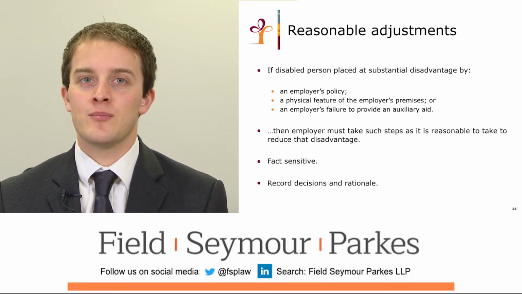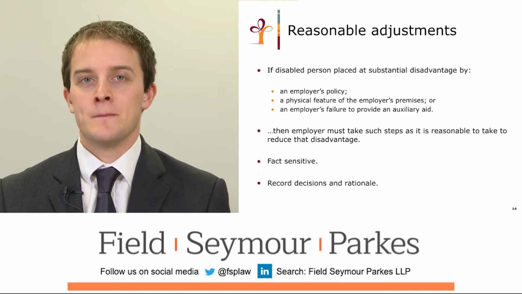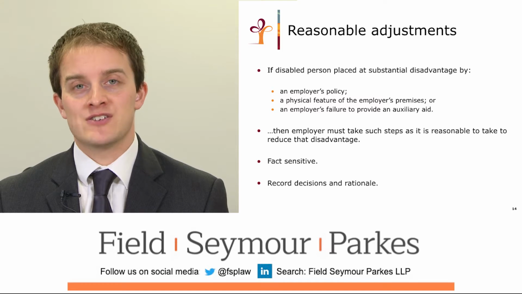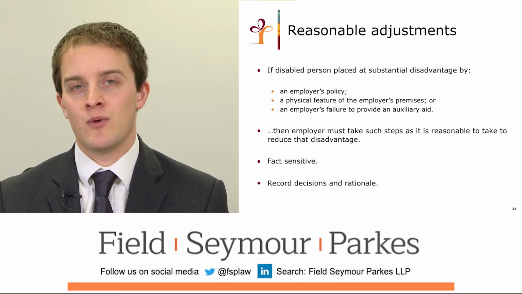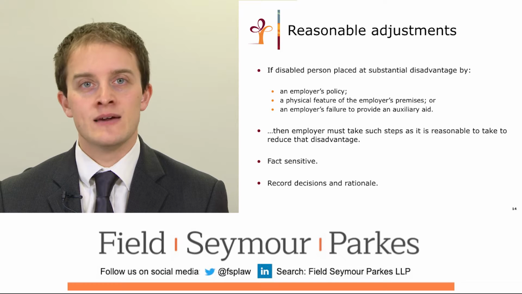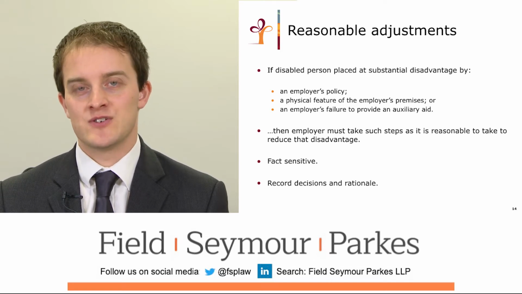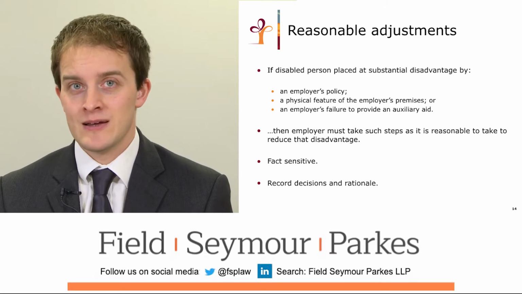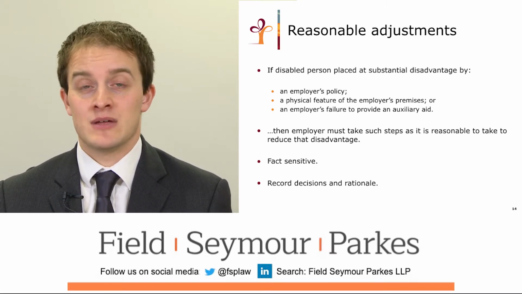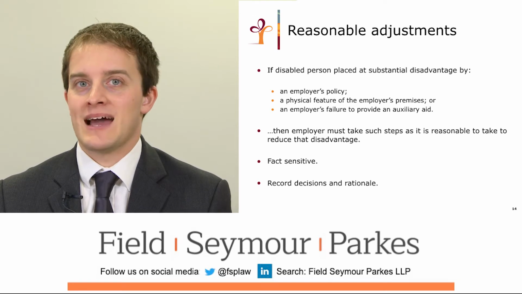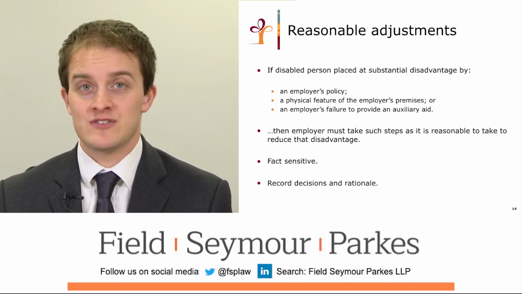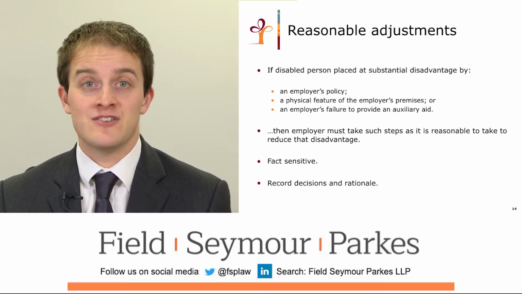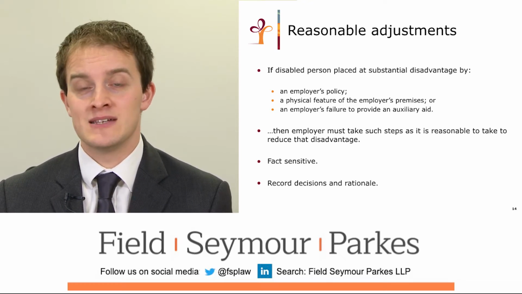The key point with reasonable adjustments is to make sure that you're recording the rationale for your decisions about whether you will or won't do something, whether that's arisen as a result of a suggestion made in a GP or occupational health report, or whether that's something that the employee has suggested themselves, or whether it's something that's been brought up by the employer's HR team perhaps, or management in discussions.